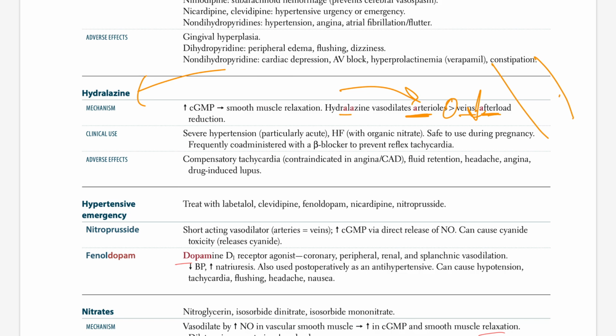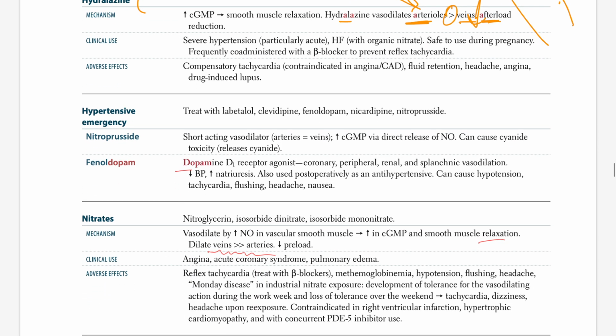And then what else might you have here? Clinical use is severe hypertension, particularly acute severe hypertension, and heart failure with organic nitrates. It is safe to use in pregnancy, high yield. It is frequently co-administered with a beta blocker to prevent reflex tachycardia. Again, same thing we talked about above.